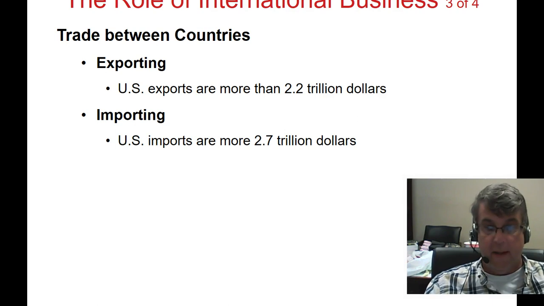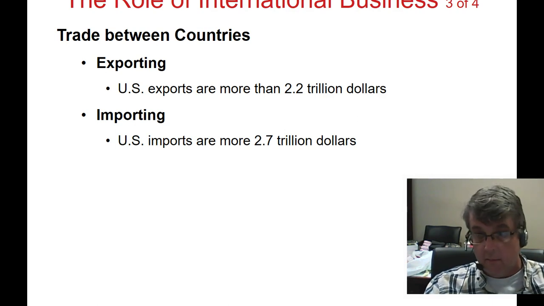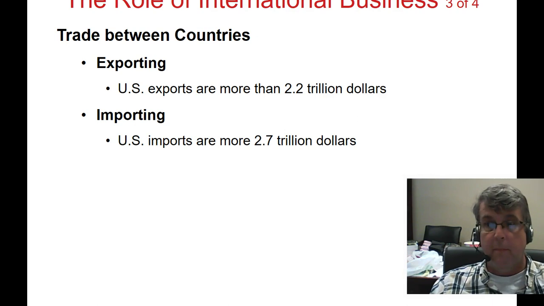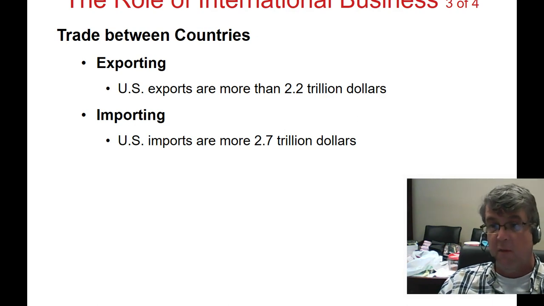So we benefit because we get more hot chocolate, and they benefit by getting more cars and soaps and manufactured goods than their economy could provide if they produced them themselves. Now, as I said, this is maybe 10% of the US market.